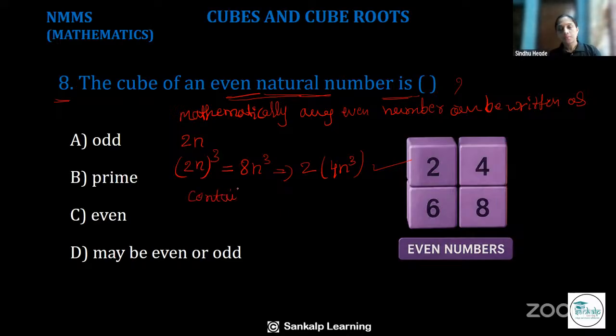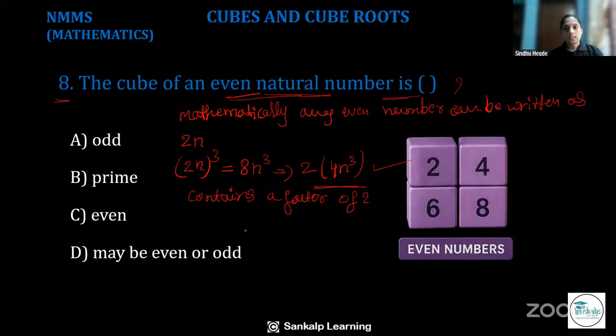It contains a factor of 2. So we can guarantee that it is an even number, because any number multiplied by 2 gives an even number only. It is guaranteed to be an even number.